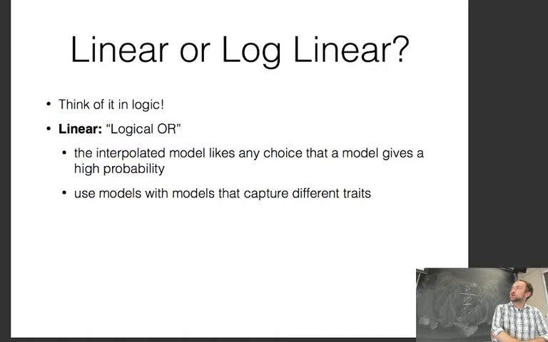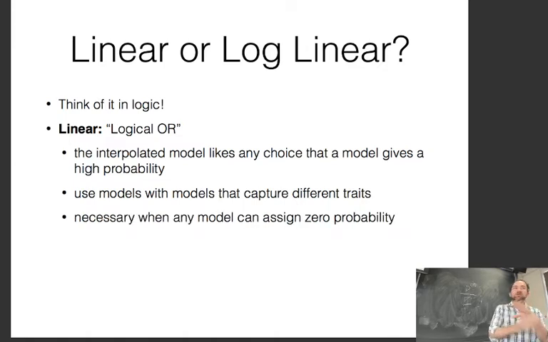And then you have another model that is your normal neural model that makes pretty good predictions all the time, but it's not quite as good as the dictionary model when you had something in the dictionary. If this is the case, the dictionary model might assign 0 probability to the correct words at some times. So in this case, you would definitely have to use this linear interpolation method.